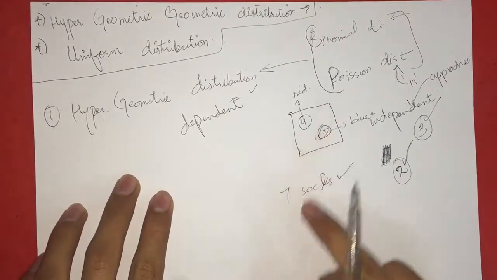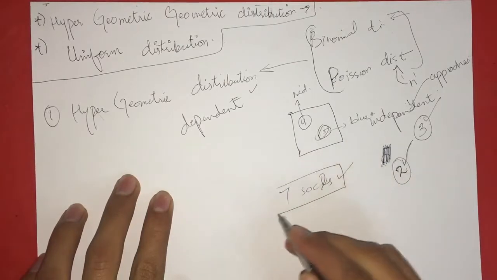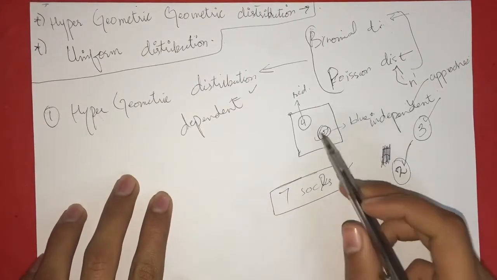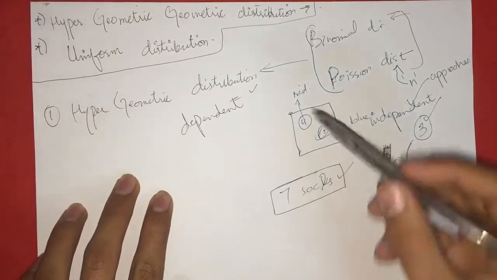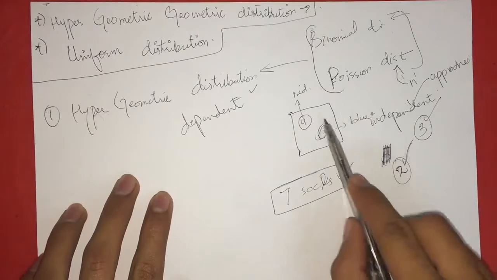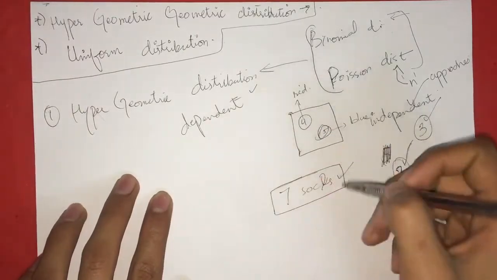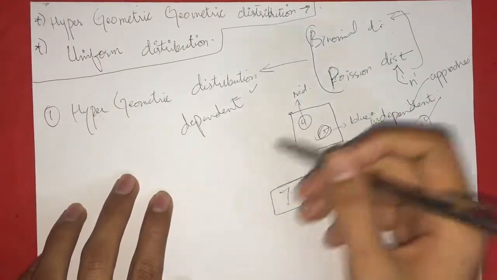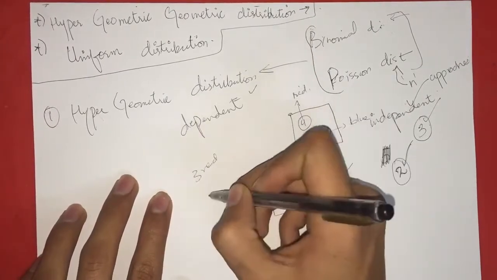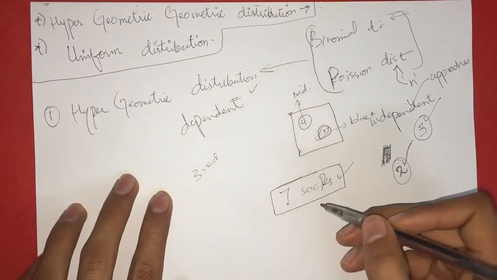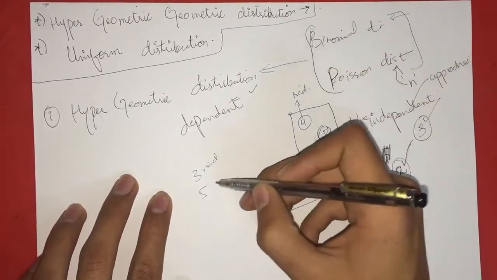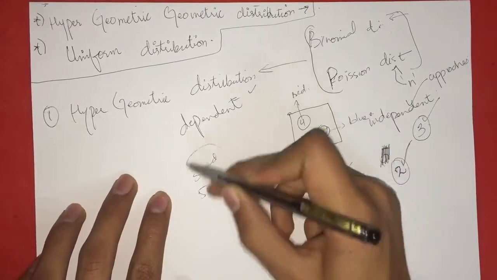So for example, if I take out seven socks, these seven socks can be any socks from the red and the blue. So for example, if I take out the seven socks, and there are three red socks in that, and there are 5 blue socks.